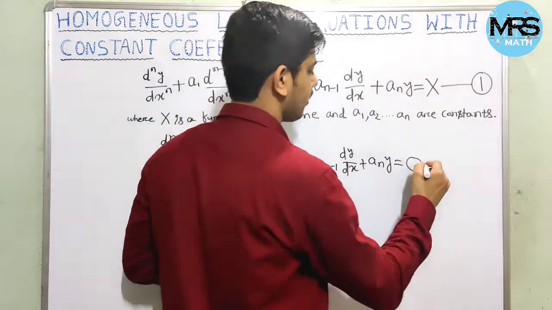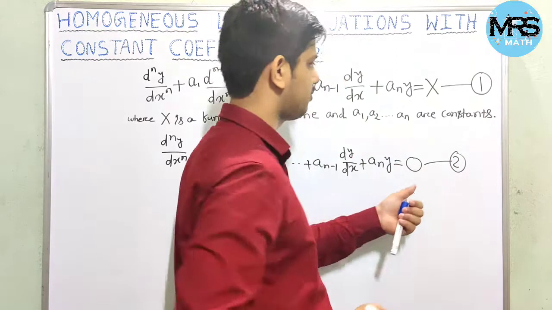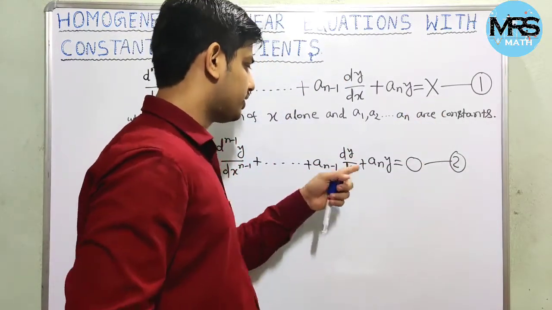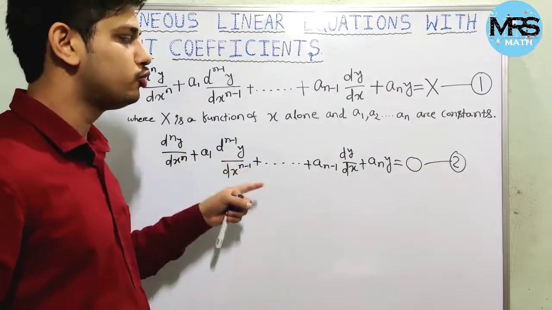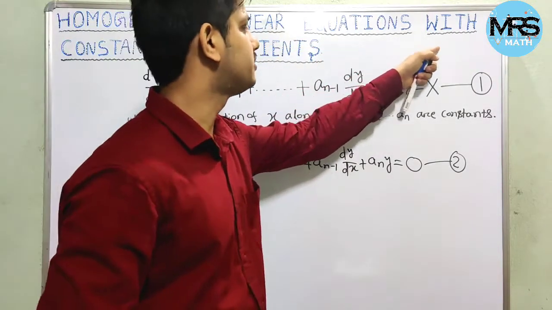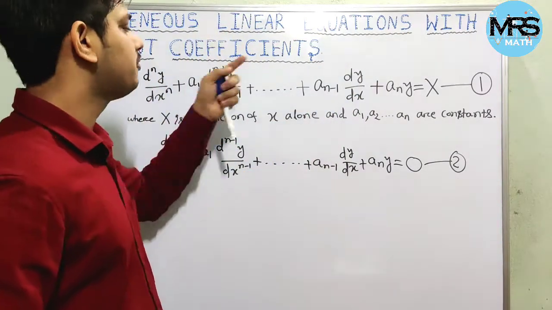Let us say this is equation number 2. That means this X we are taking as 0. So this equation number 2 is called a homogeneous linear equation with constant coefficients.